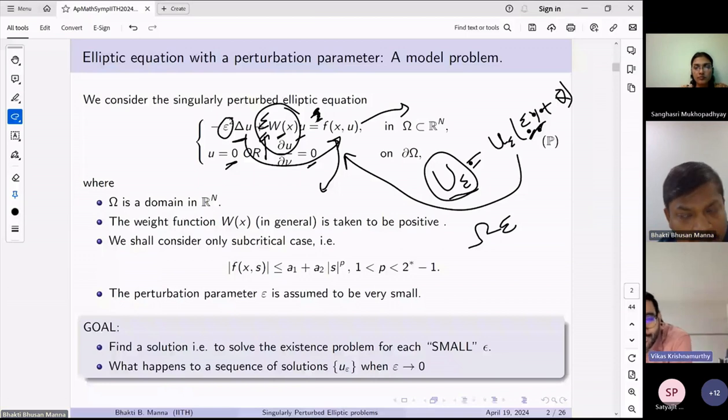Yeah. So instead of concentration, can you go the other way around and think about a diffusion type equation that you may be able to get from that?